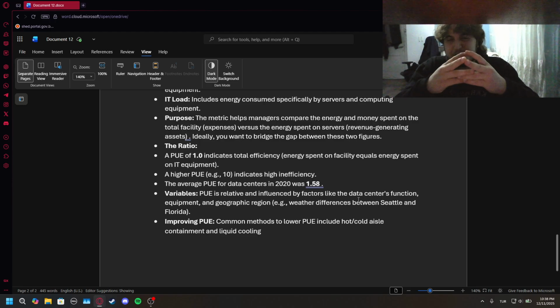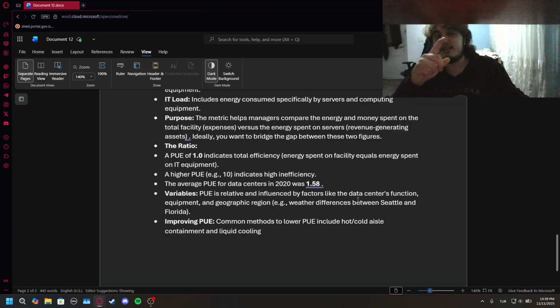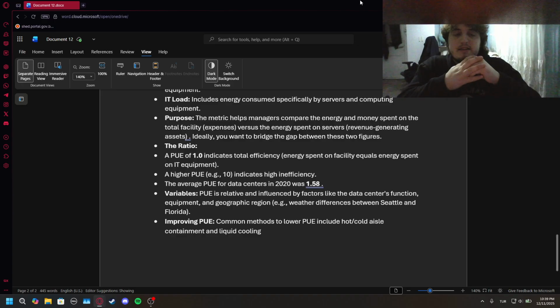All of these matter a lot because you want to make sure that you're using green energy. This is what DCIM is really useful for also, making sure you're using green energy rather than relying on, let's say, fossil fuels.